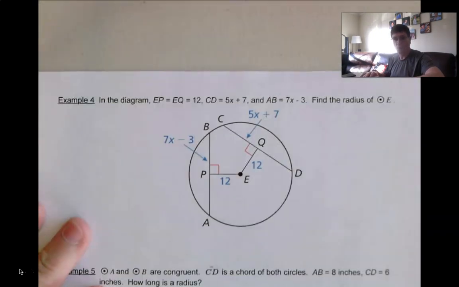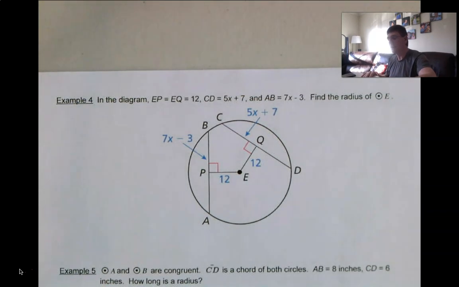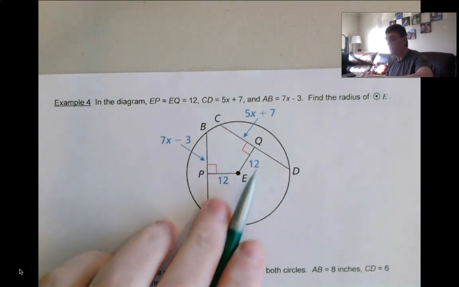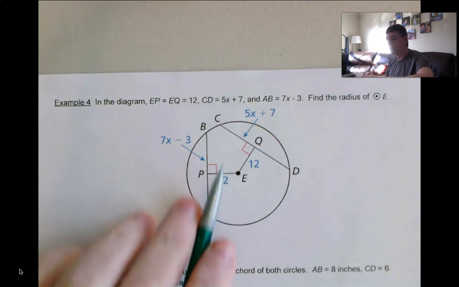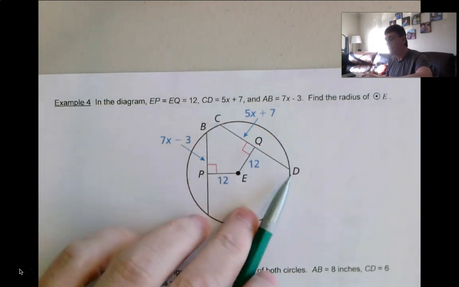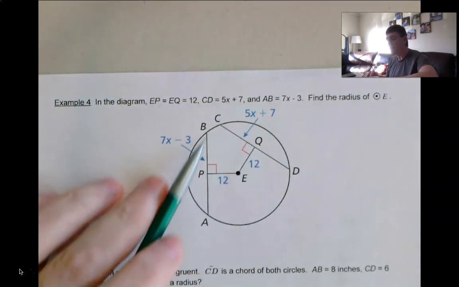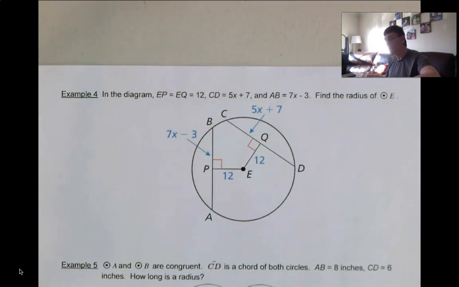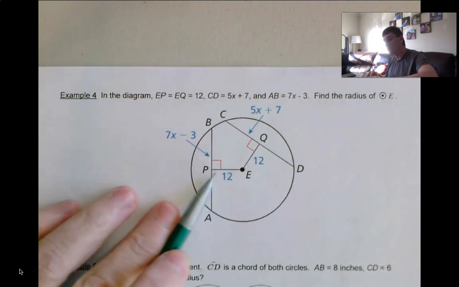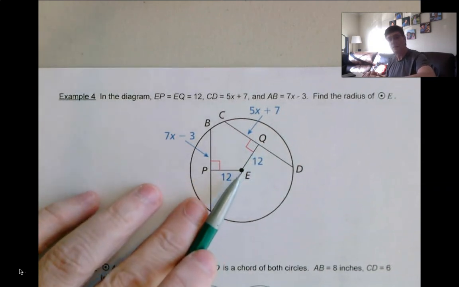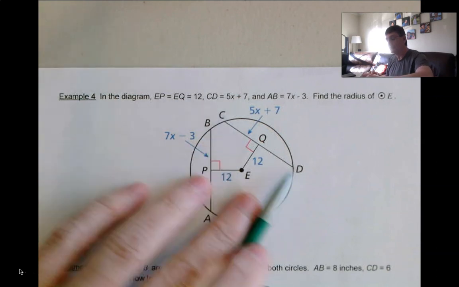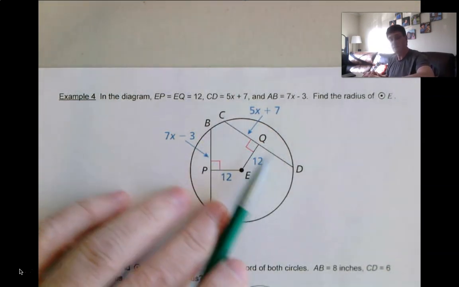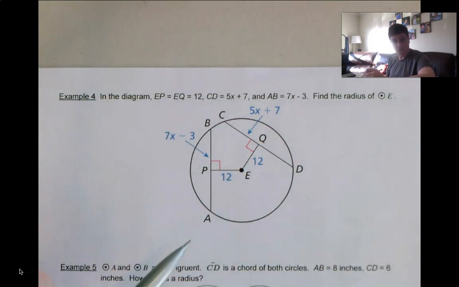Example 4. In the diagram, EP is equal to EQ, and they're both 12. CD is 5x plus 7. AB is 7x minus 3. Find the radius of circle E. So because these two chords, AB and CD, are equidistant from the center, they're congruent to each other.